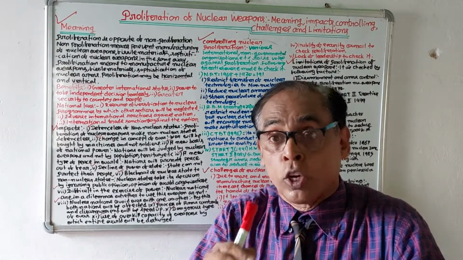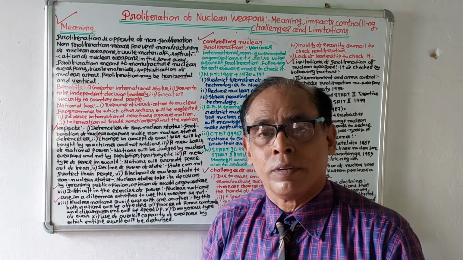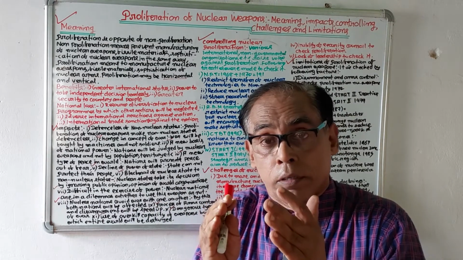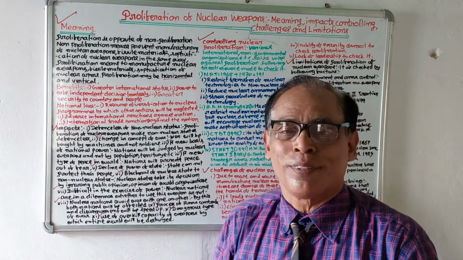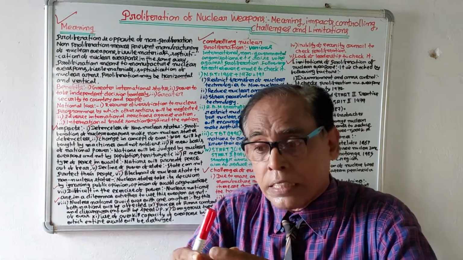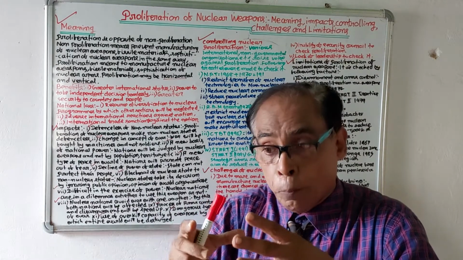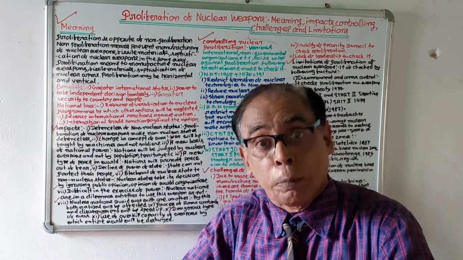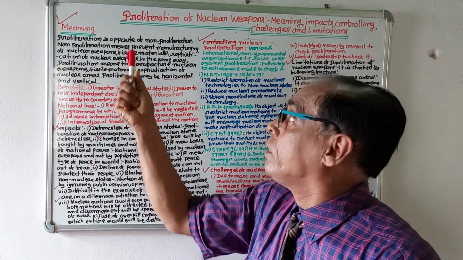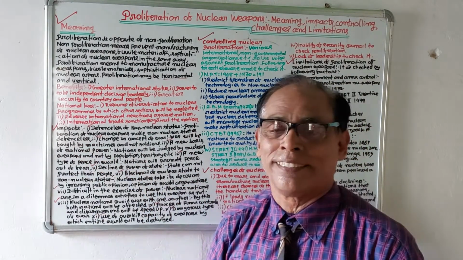But proliferation of nuclear weapon means manufacture of nuclear weapons. Day by day, nations are manufacturing nuclear weapons. So, to manufacture or prepare nuclear weapons is known as proliferation of nuclear weapons.